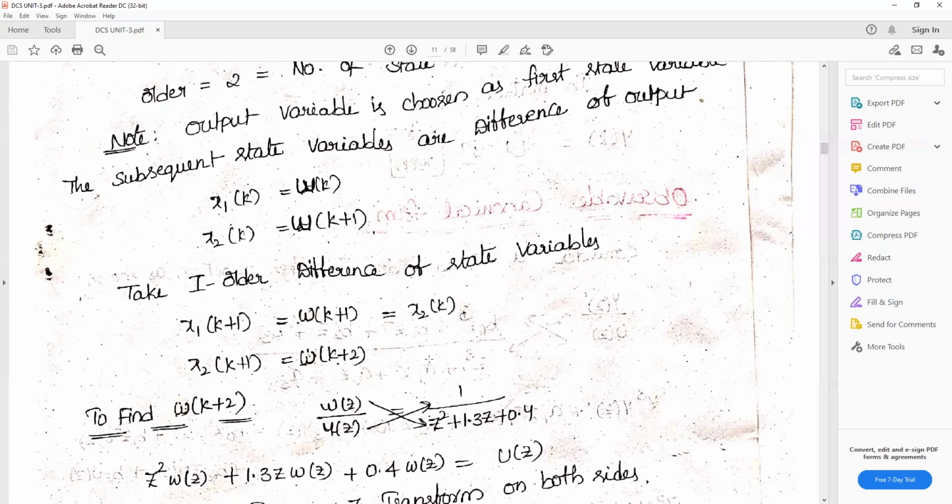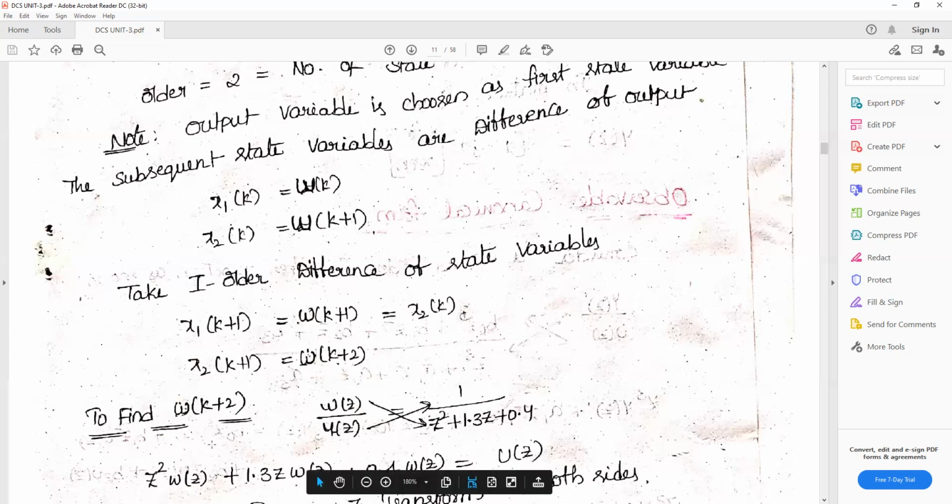So do we need to write x3? No. Why? Because the given transfer function is for a second order system only, so calculating the 2 state variables is enough. For example, for z power 3, which is third order, we would have x3, and for z power 4 we would have x4. So we don't need to calculate all of them.